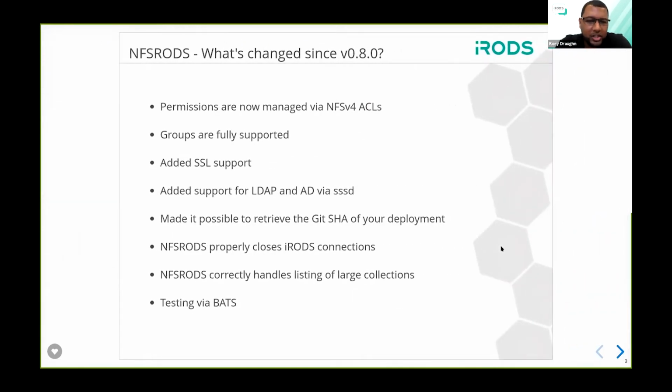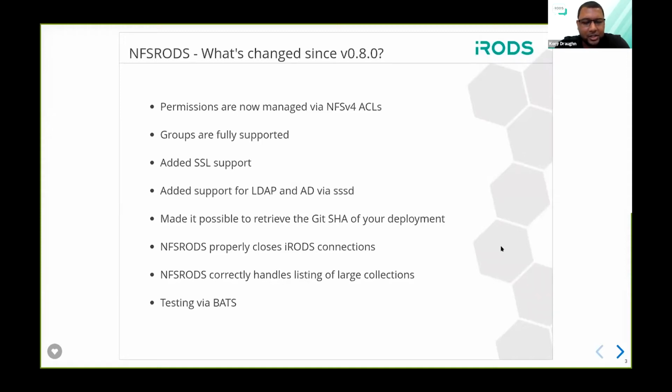So what's changed since the 0.8 release? From that time all the way up, we've been able to resolve all of the permissions issues through the use of NFS4 ACLs. The NFS4 ACLs provide a lot more granular control over how we map things between iRODS and the Linux environment.